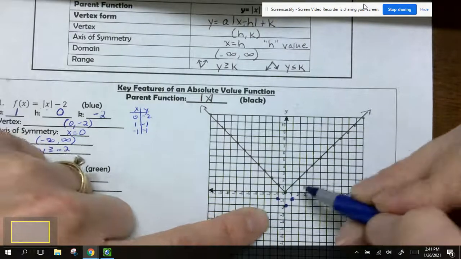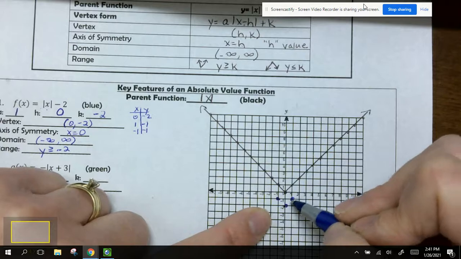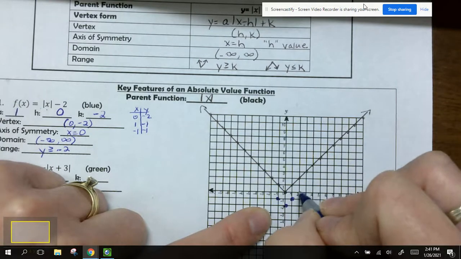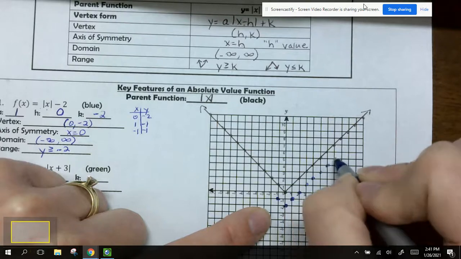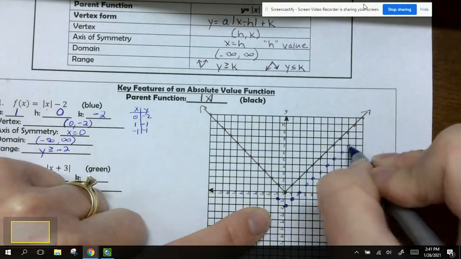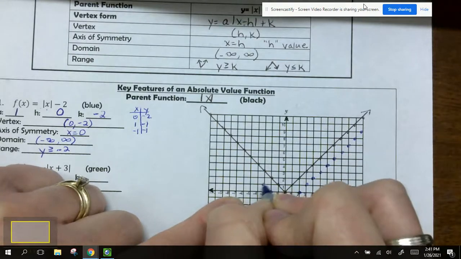Okay, now you'll notice what it's doing to this graph is moving it down 2 on each of these. So I'm going to go ahead and draw these points in here. So you get a graph that looks like this on the right side, and then I'm going to key in these over here.